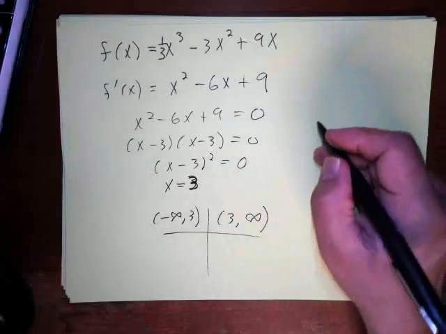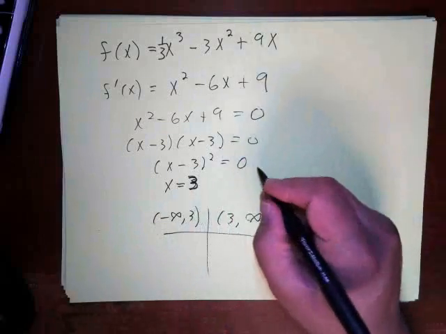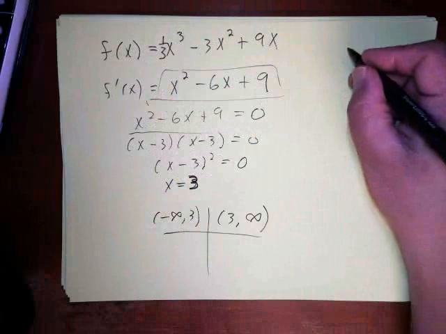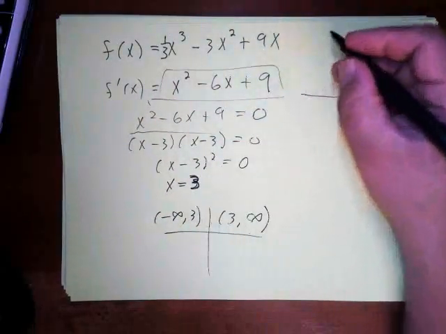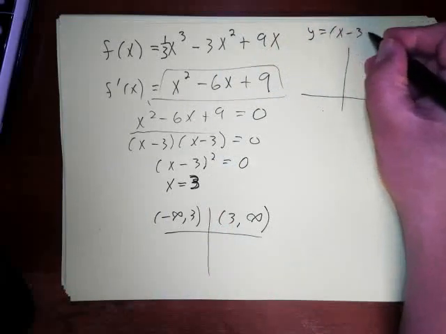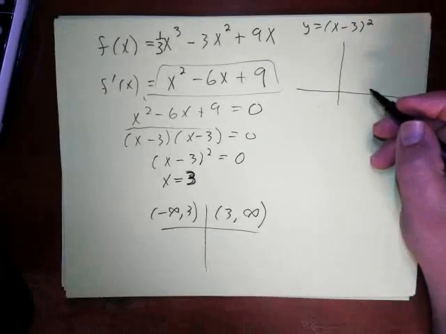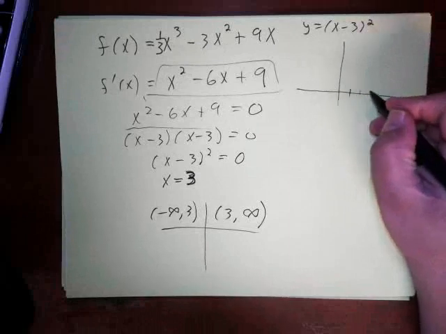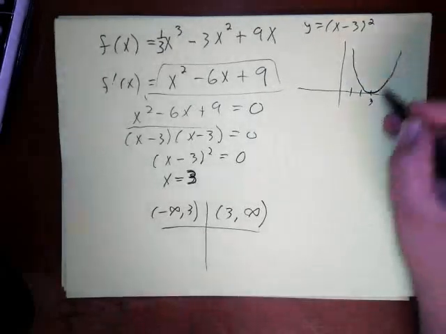Okay? And then I can pick a test point here, or I can look at this derivative, this parabola. This thing is really y equals (x minus 3) squared, a parabola shifted over 3, and it goes down, touches, and then goes back up.